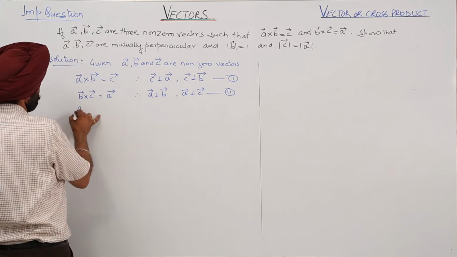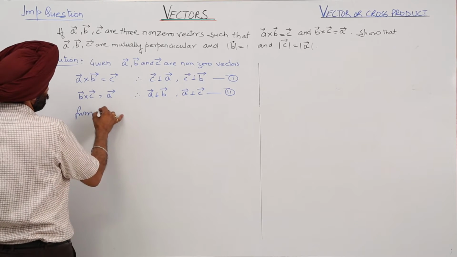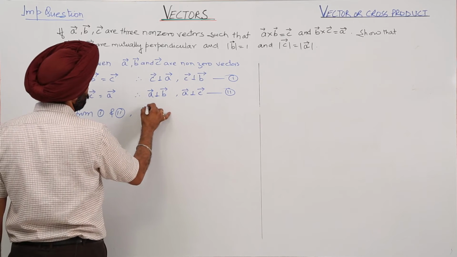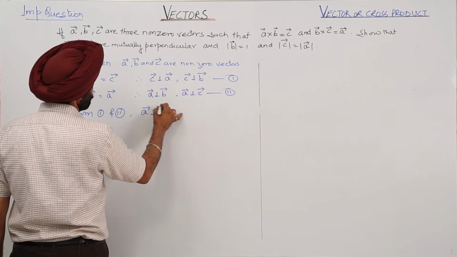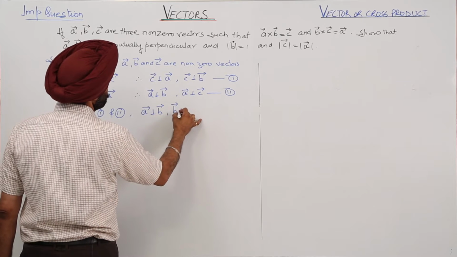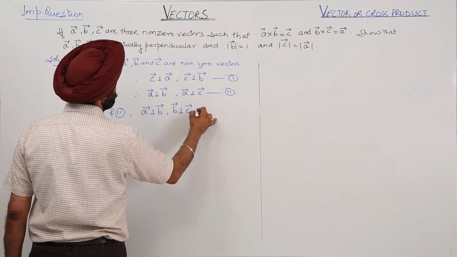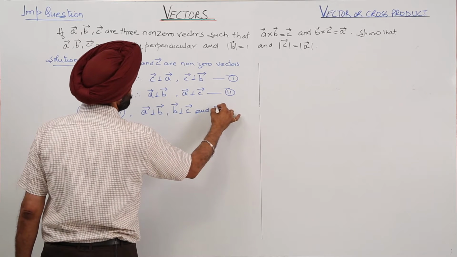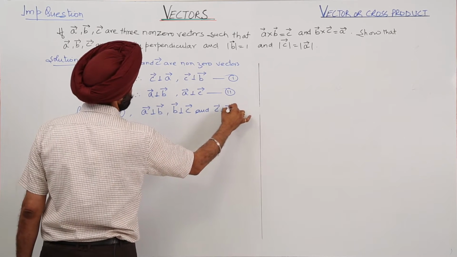Now, from 1 and 2 we get vector A is perpendicular to vector B, vector B is perpendicular to vector C and vector C is perpendicular to vector A.